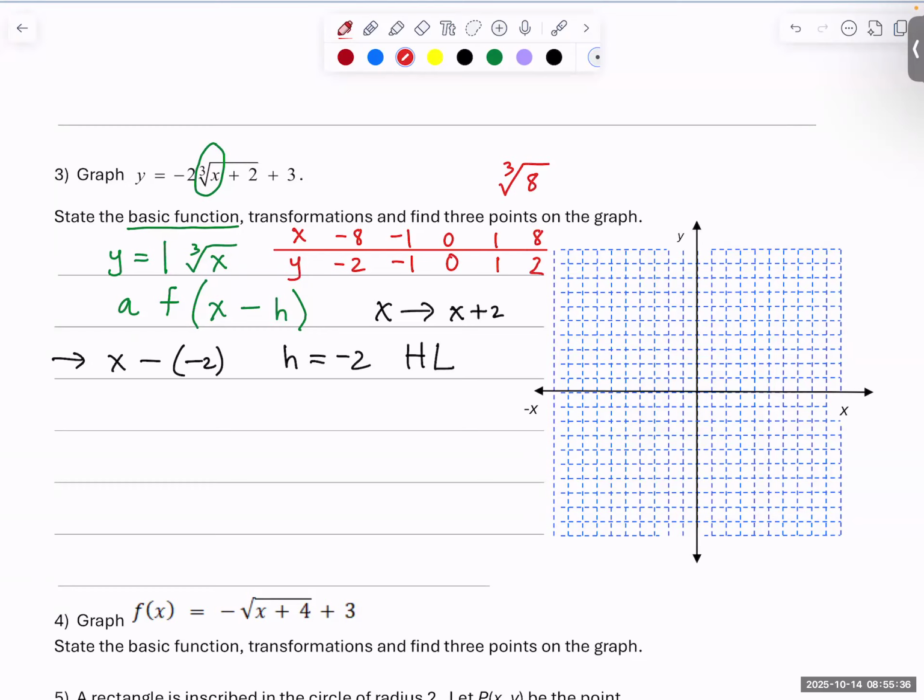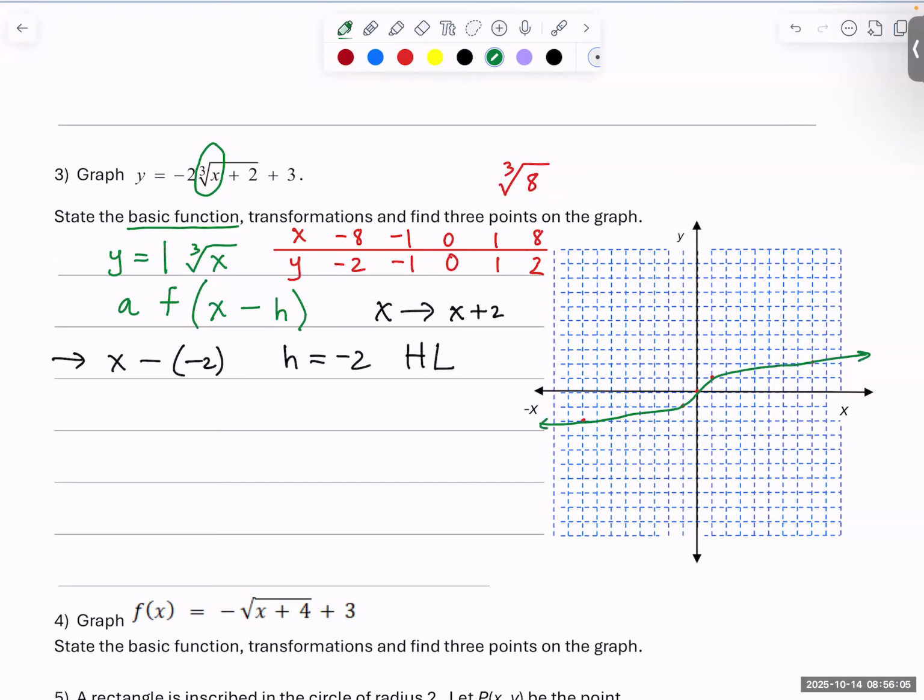So let's graph those points of the basic function: negative 8, negative 2; negative 1, negative 1; 0, 0; 1, 1; and 8, 2. So here's a sketch of the basic function. There's an inflection point at the origin.